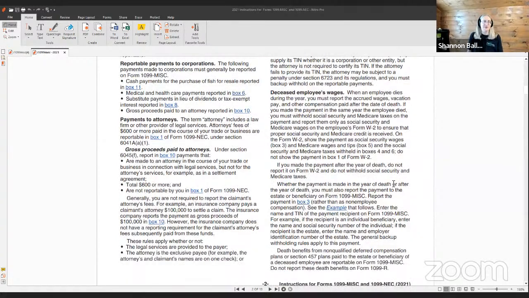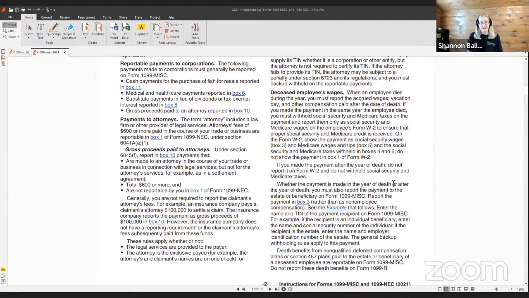So, payments to attorneys. The term attorney includes a law firm or other provider of legal services. Attorney's fees of $600 or more paid in the course of your trade or business are reportable in box 1 of Form 1099 NEC under Section 6041A1.